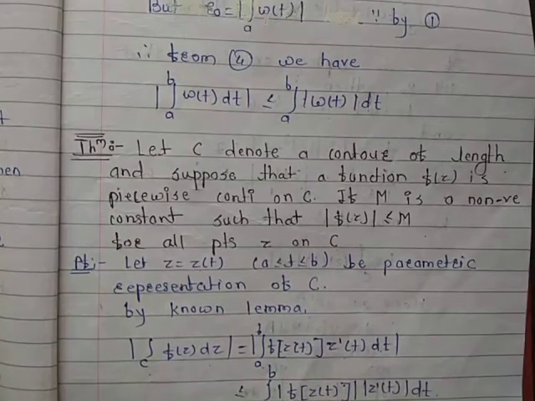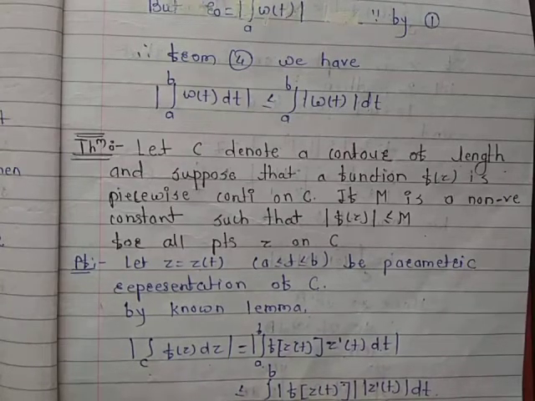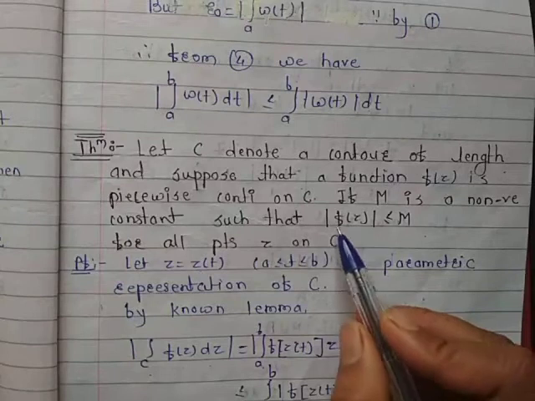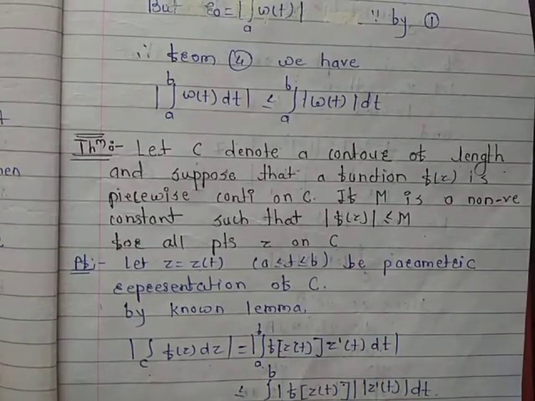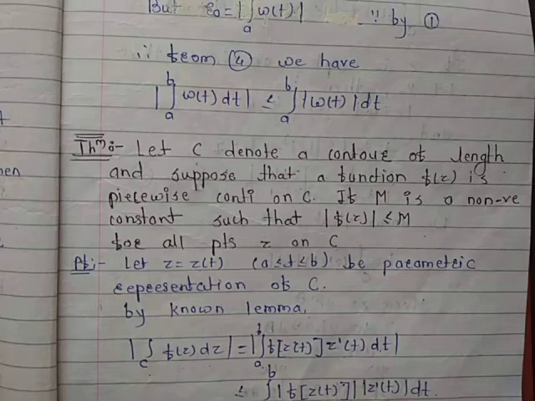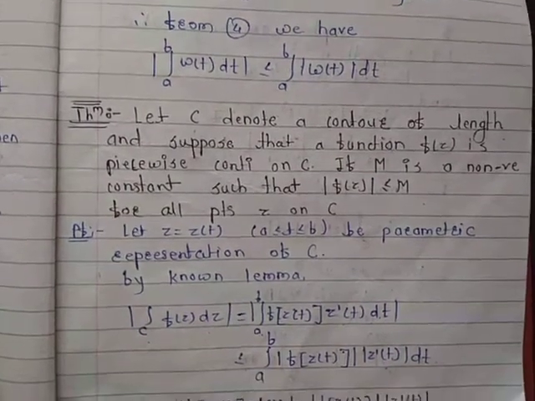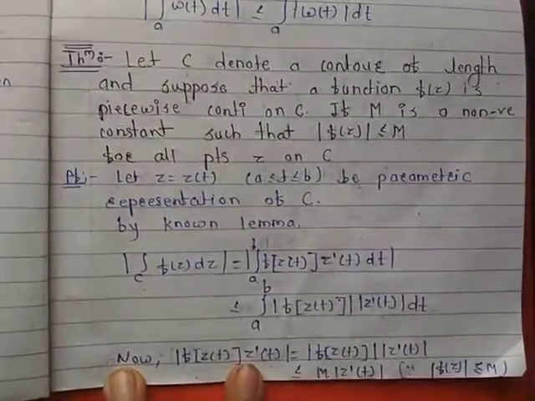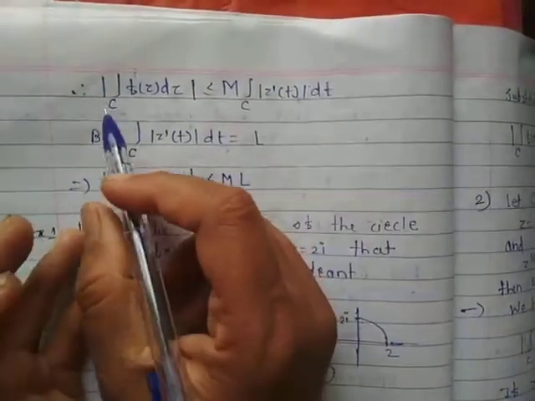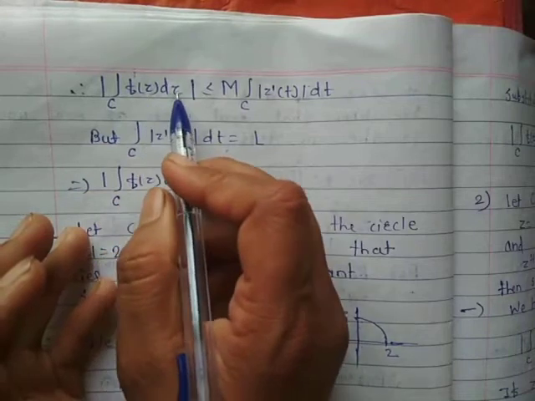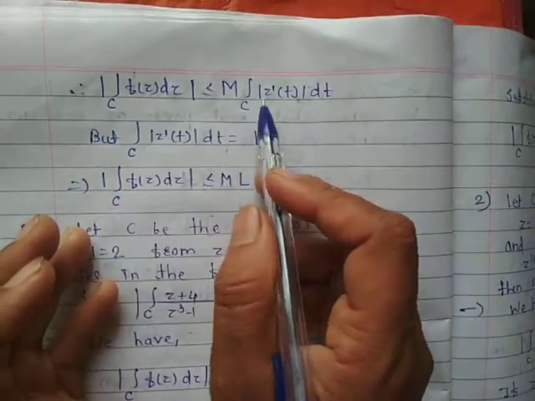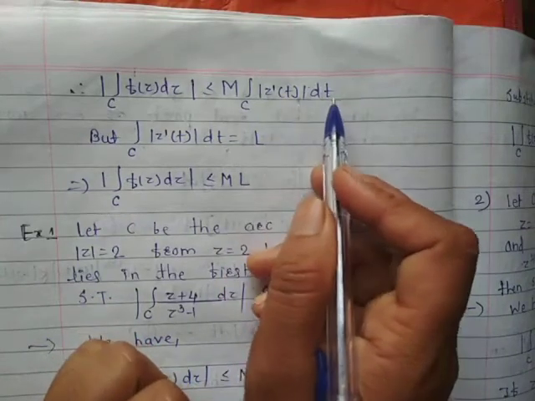Now the modulus of f(z(t)) z'(t) is equal to the modulus of f(z(t)) times the modulus of z'(t) by properties of modulus, which is less than or equal to M, since in the hypothesis we are given that the modulus of f(z) is less than or equal to M. So this is less than or equal to M times the modulus of z'(t). Therefore, the modulus of the integral over C of f(z) dz is less than or equal to M times the integral over C of the modulus of z'(t) dt.